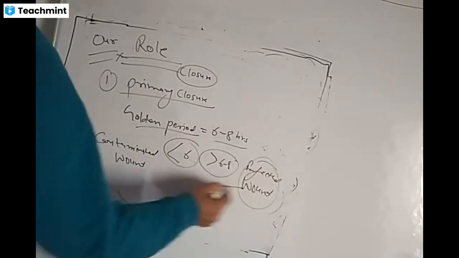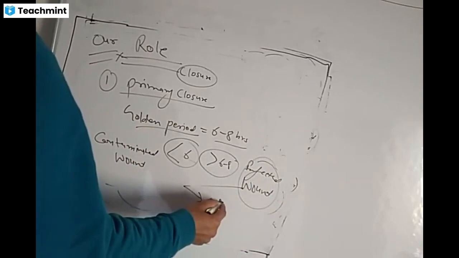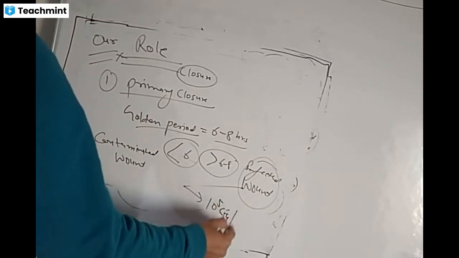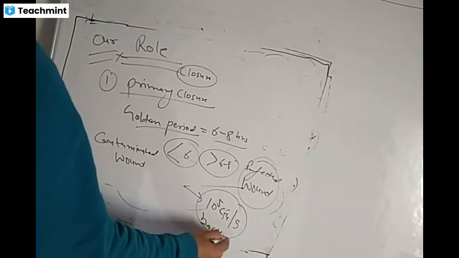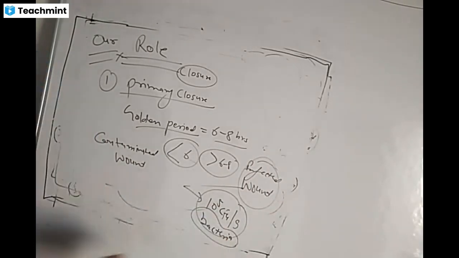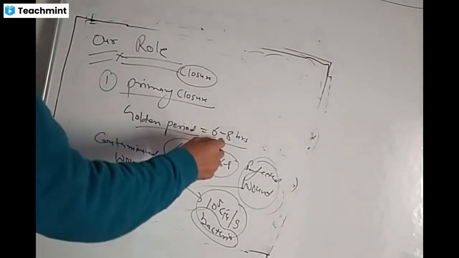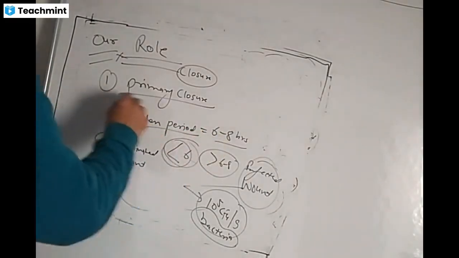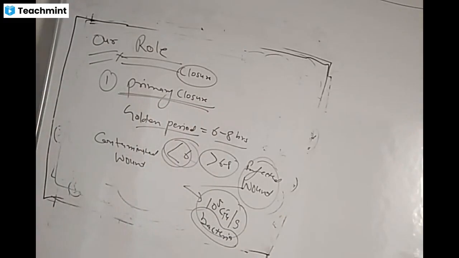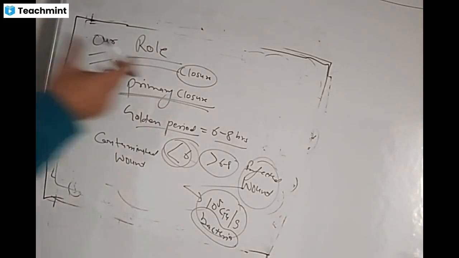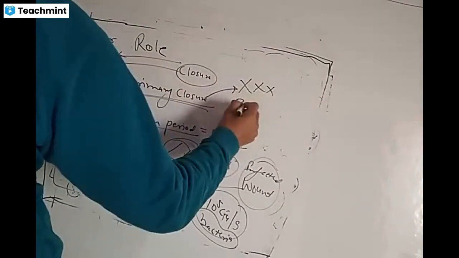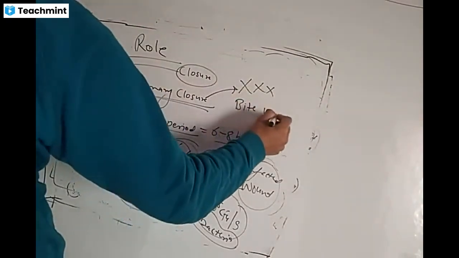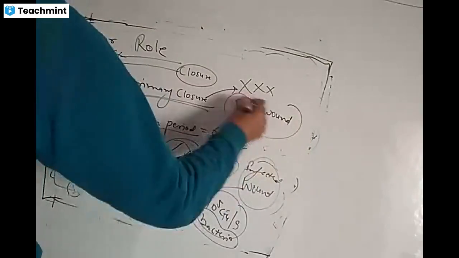And this infected wound will contain 10 to the power 5 colony forming units per gram of tissue bacteria. So before 6 to 8 hours, we'll do the primary closure. But the closure is not acceptable in case of bite wound. In case of bite.